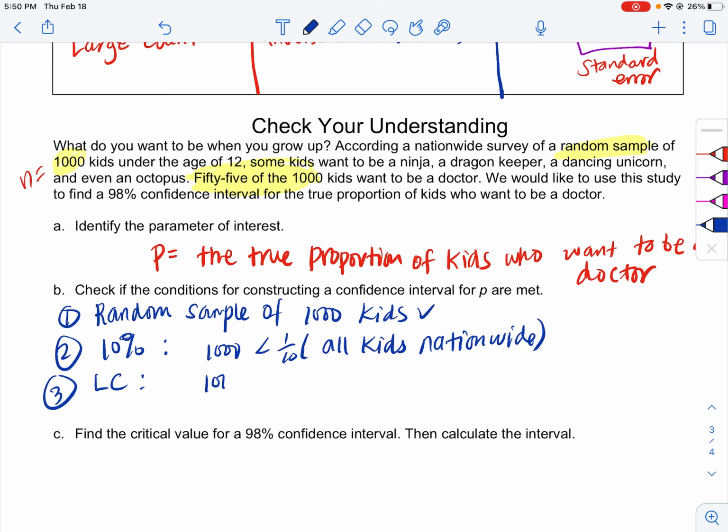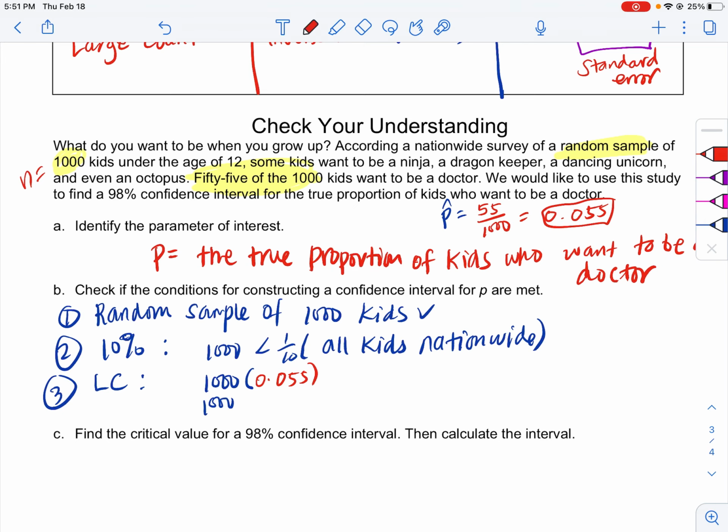Let's just put LC. The 1,000 times, let's put our P hat here first. Our P hat is equal to 55 out of 1,000. That's 0.055.